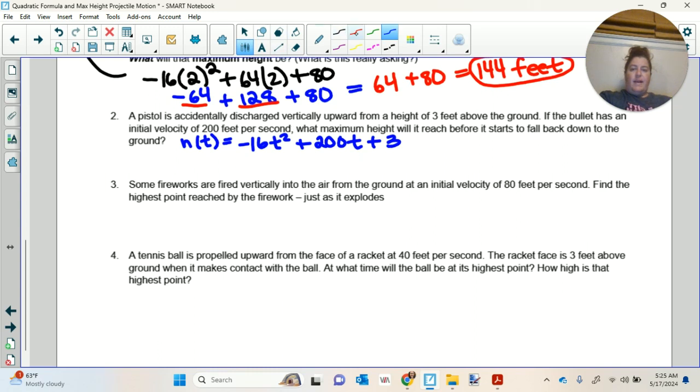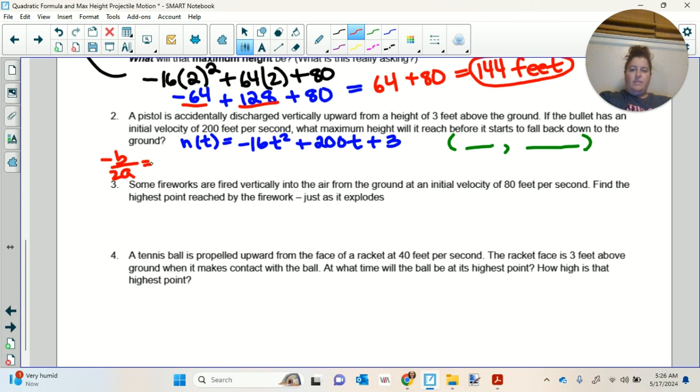So again, if we want to know that maximum height, we're going to need to know both the x and the y value, or in this case, the t and the h value of that vertex point. And so we start with that x equals negative b over 2a.